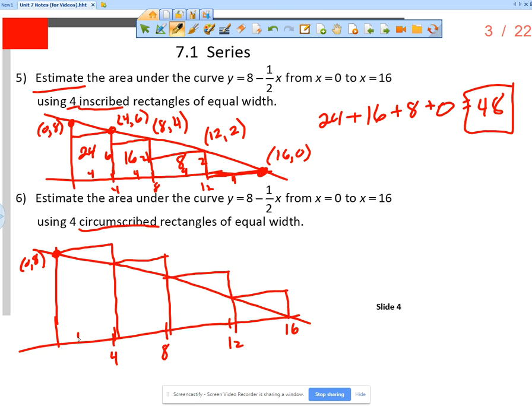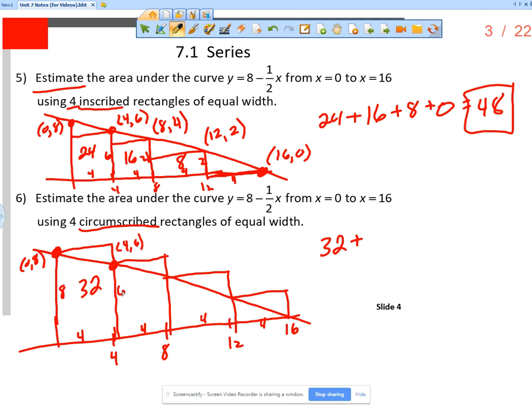Once again, I'm going to take the width and multiply by the height. What's the height of the first one? Well, the height of the first one now is based upon this value on the left of the rectangle, and so its height is 8. So it's 4 wide, 8 tall, so 32. So we're going to take 32, and we're going to add it to this one. 4 wide, how tall? Remember, this point, we already figured it out. It's 4 comma 6.